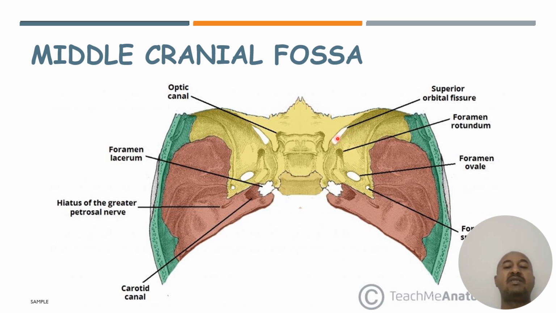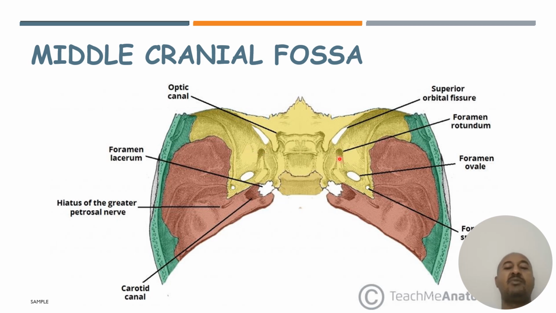These cranial nerves supply muscles of the eye, and it also allows the passage of the ophthalmic division of the trigeminal nerve, which is the first division of the trigeminal nerve, the fifth cranial nerve. Not only that, but this opening also allows the passage of the ophthalmic vessels.